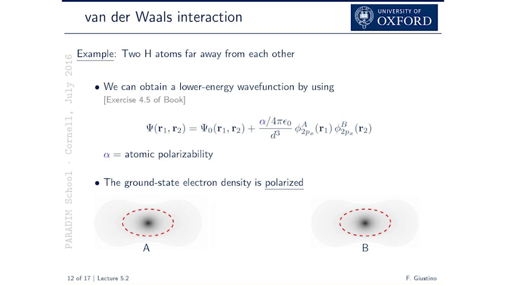And in practice, what you find out if you follow this exercise in the book is that if you take a different wave function, which is what we had before, so this one, plus an admixture of p states, so states which are oriented along the proton-proton line, okay? If you use an admixture like that, where this is the polarizability of the atom, what you find is that this actually is a better ground state.